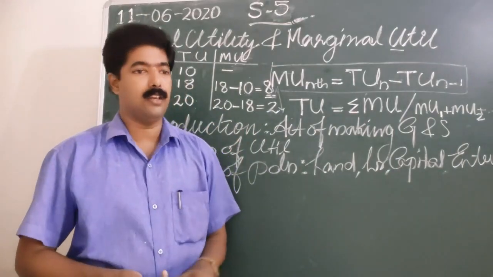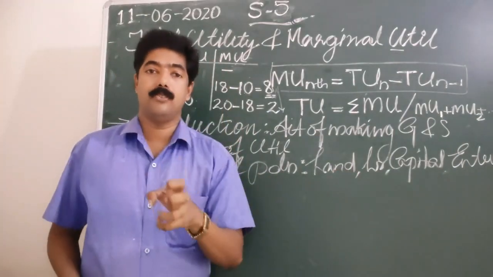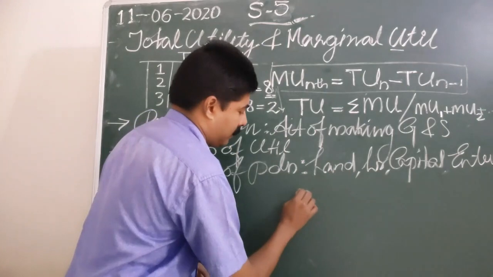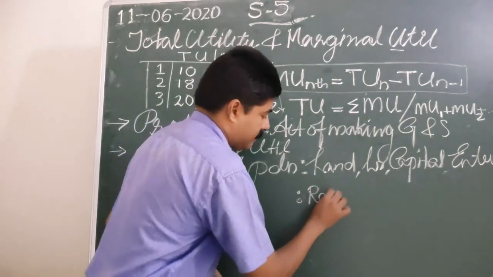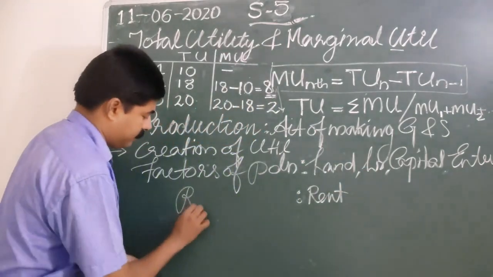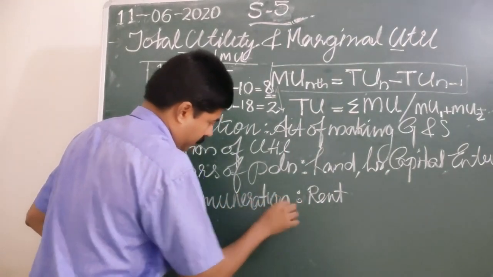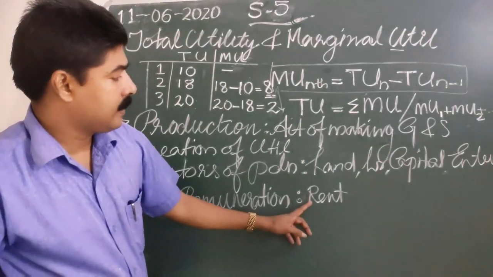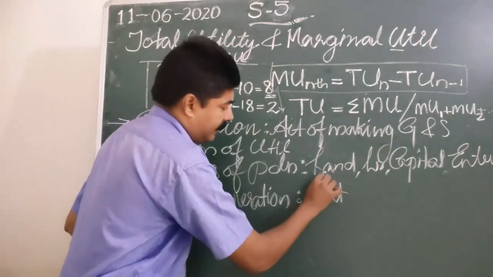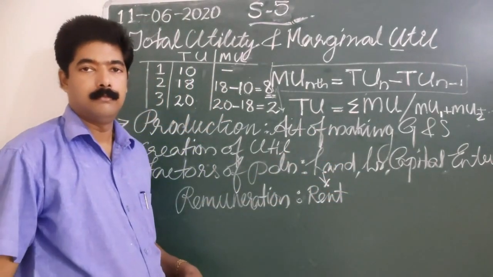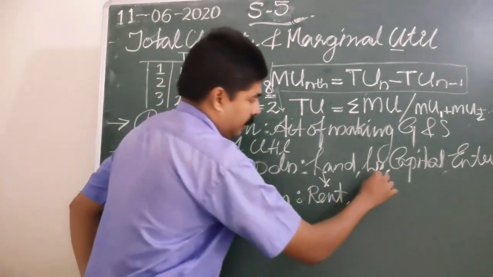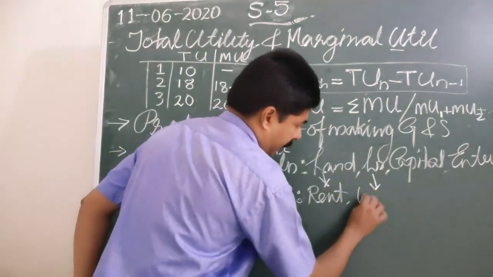What is the remuneration of land? Land gets rent. Remunerations towards the factors of production: land gets rent. Similarly, labor gets wage.